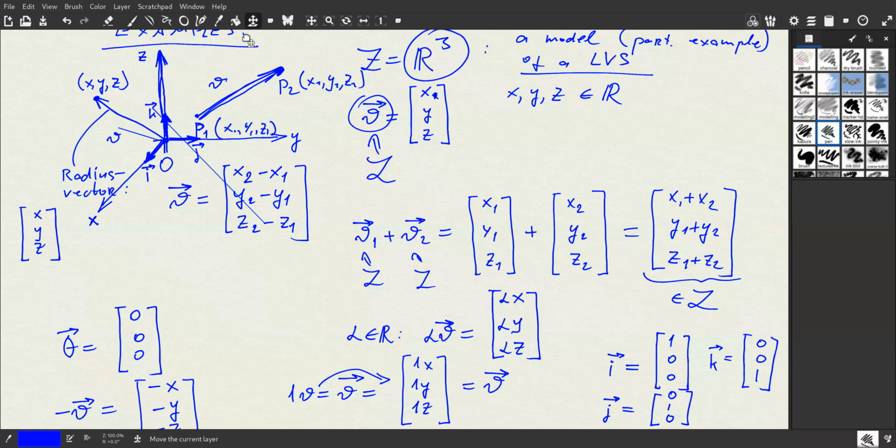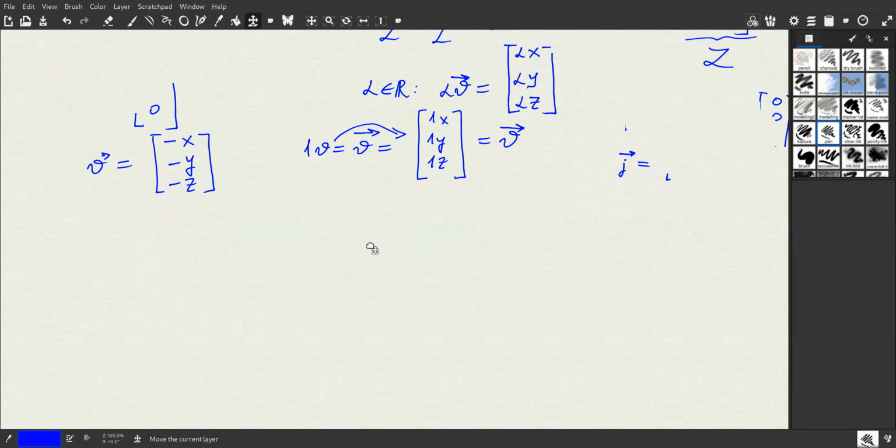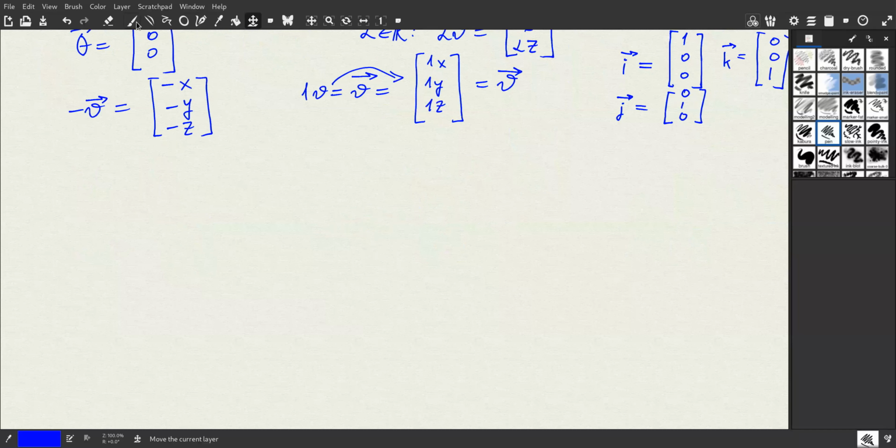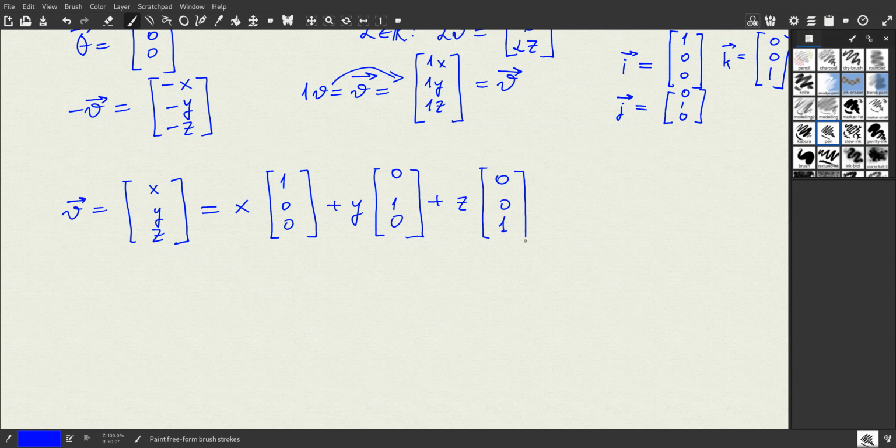They are very important because you can see in a split second that any vector, suppose that there is a vector v which is any x, y, z, can be written as x multiplied by 1, 0, 0 plus y multiplied by 0, 1, 0 plus z multiplied by 0, 0, 1, and therefore it is xi plus yj plus zk.